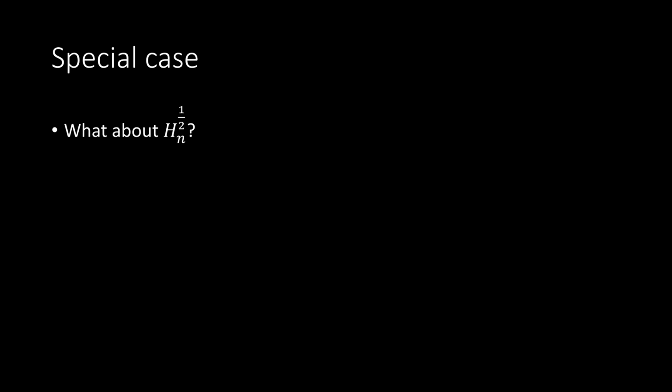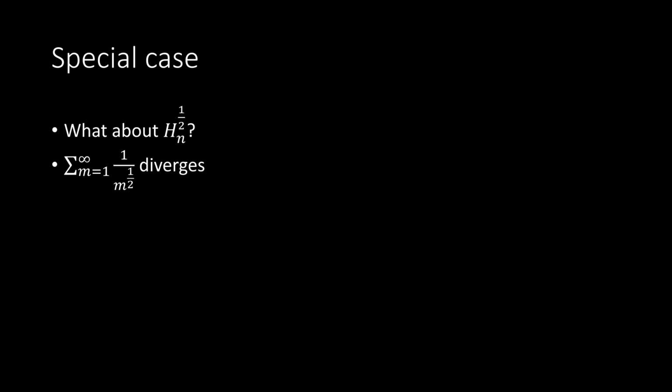What about the harmonic number generalized to the power 1/2, or 1/2 up to n? The sum is very simple here, and it's not a big deal that this diverges. There are a lot of proofs out there, but I don't bother proving this here.